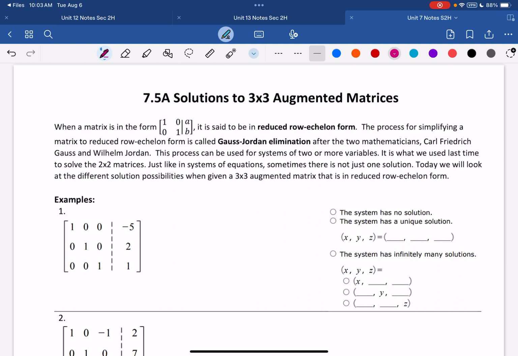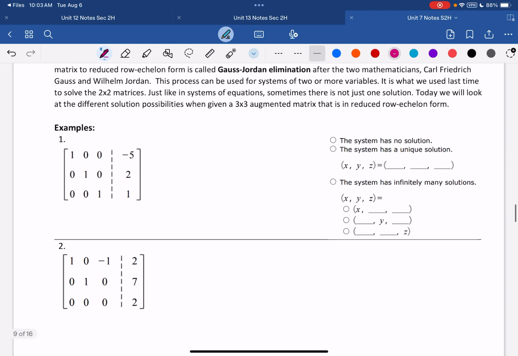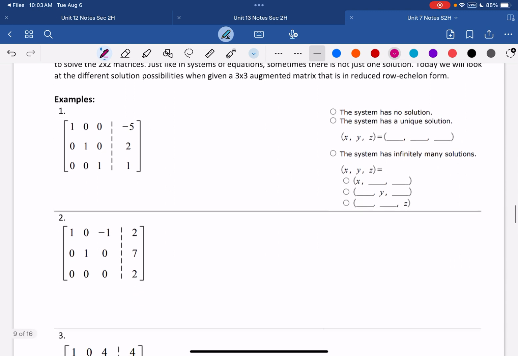Just like systems of equations, sometimes there's not just one solution. So we're going to look at what happens when things are already in reduced row echelon form. This first one, reduced row echelon form, we have that identity matrix where on our main diagonal we have ones, and everywhere else we have zeros.